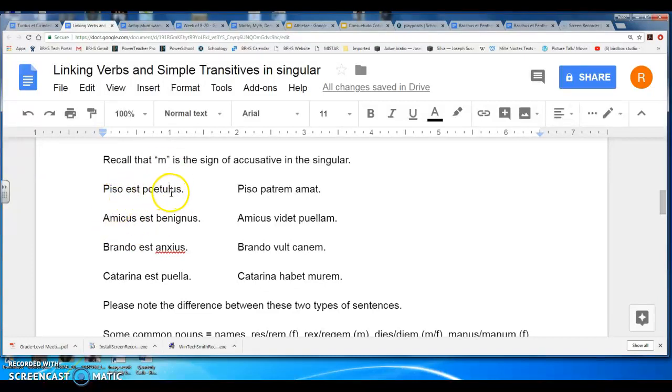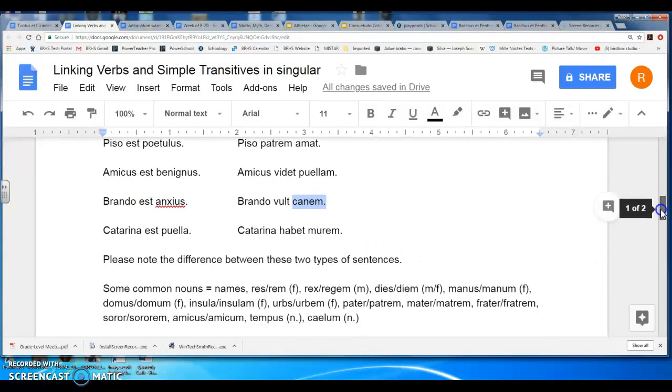So you can have a second declension adjective modifying a third declension noun. That's why those endings are different. But here we have amicus videt puellam. The friend sees the girl. Brando is anxious, linking verb. Brando videt canem. M here, accusative. Okay, you get the picture.